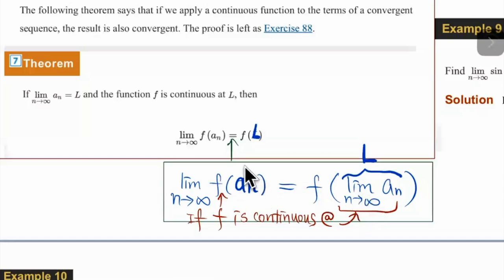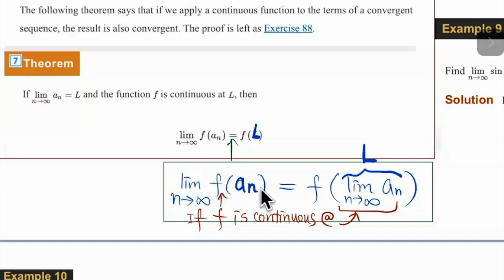In other words, if the function is continuous, you can bring the limit in. In 110A, we talked about if the outer function is continuous, we can bring the limit in.